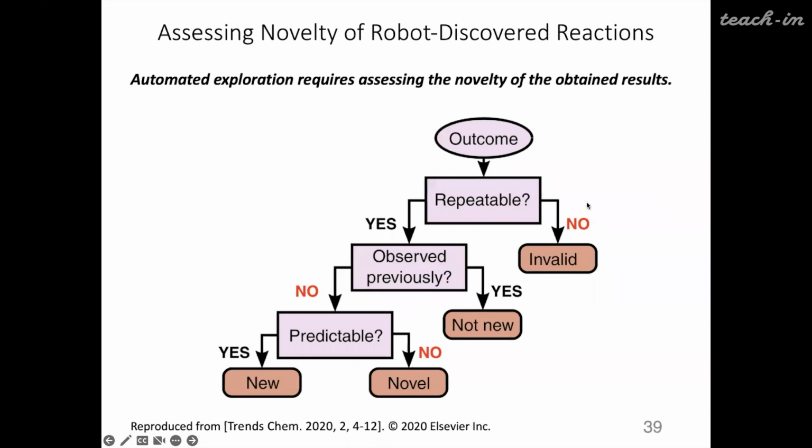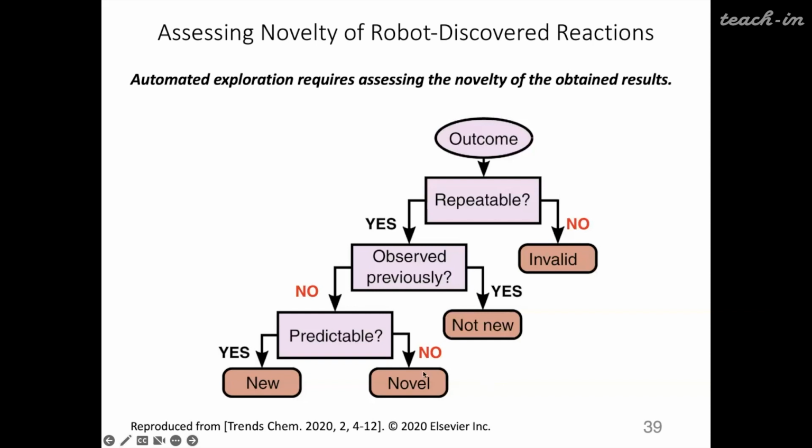And if these experiments are irreproducible, we should, of course, consider this data invalid. And only then we should ask a question if this data is new.